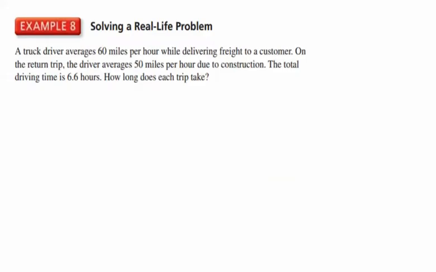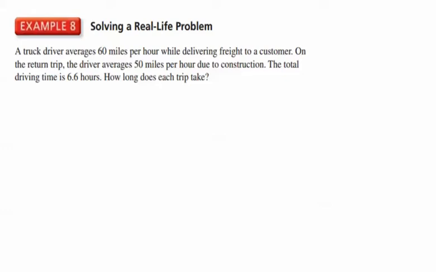Okay, so in this problem, we have a truck driver averaging 60 miles per hour while delivering freight to a customer. On the return trip, the driver averages 50 miles per hour due to construction. The total driving time is 6.6 hours. How long does each trip take?